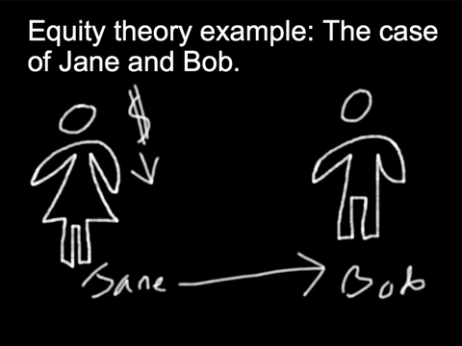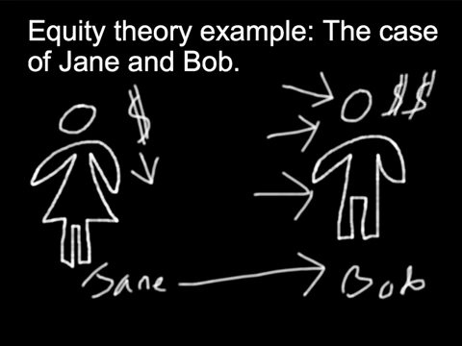She might attack Bob's inputs, meaning that she might sabotage Bob. She might try to get more work delegated to him. Yeah, Bob can do it. Send it over his way. She might volunteer him for extra work. She may point out his overpayment to others, saying, look at all the money he's getting.